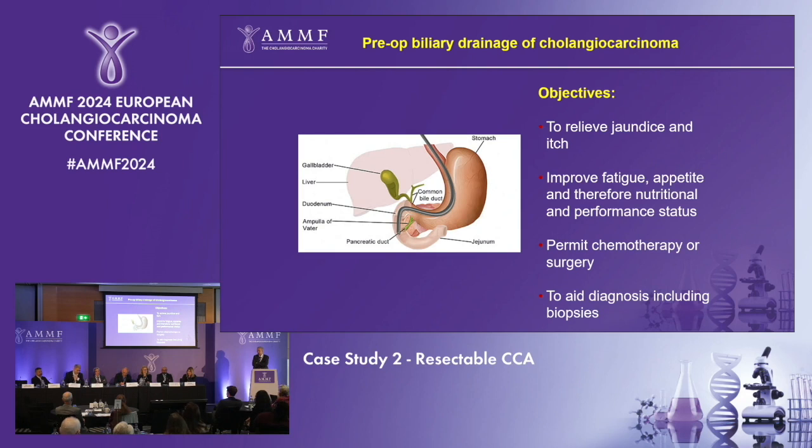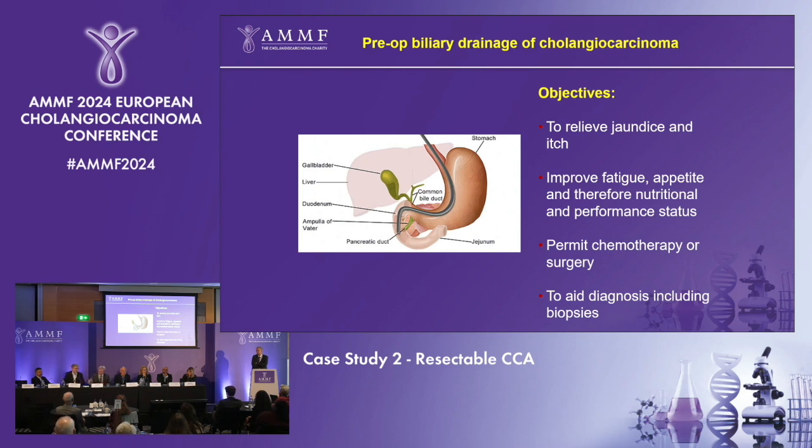So having arbitrary cut-offs, and the perhaps ideal world aim for direct to surgery with relatively low bilirubin levels, is often very hard to achieve. So typically if the patient has got clinical jaundice, they will have preoperative biliary drainage to permit them to be bridged to surgery, have successful surgery, or chemotherapy if they become a non-operative candidate. ERCP can also aid the diagnosis.